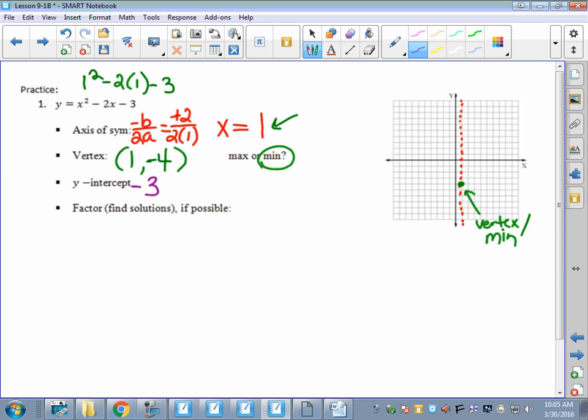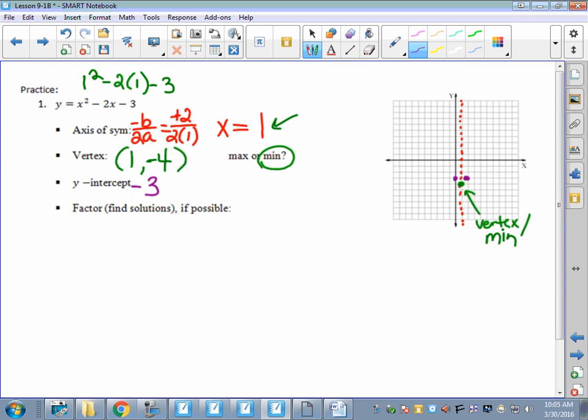So I'm going to go on my y-axis at negative 1, 2, 3, put a point there. Now this is where I'm going to use that matching mirror image. See how I've got that dotted line? Well, if my purple point is 1 unit away from that dotted line, that means that the matching point has to be 1 unit away from that axis of symmetry.